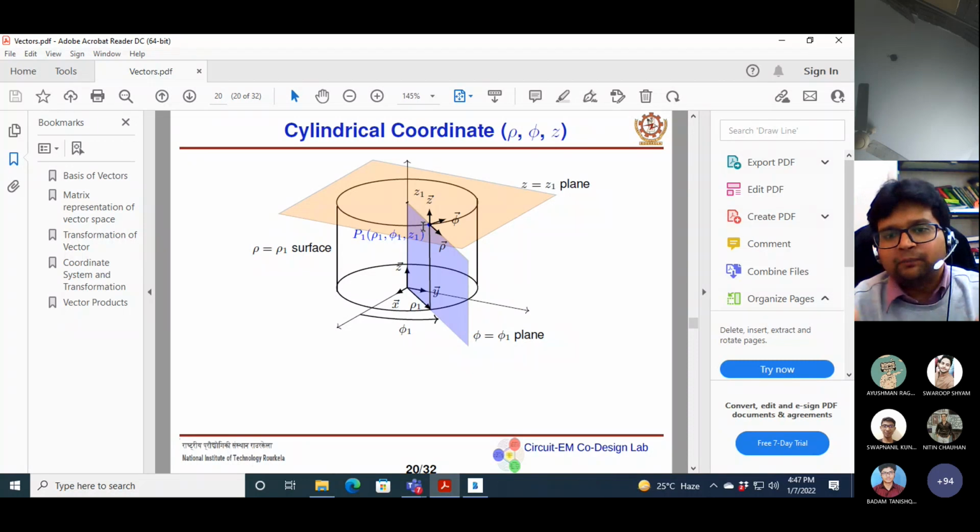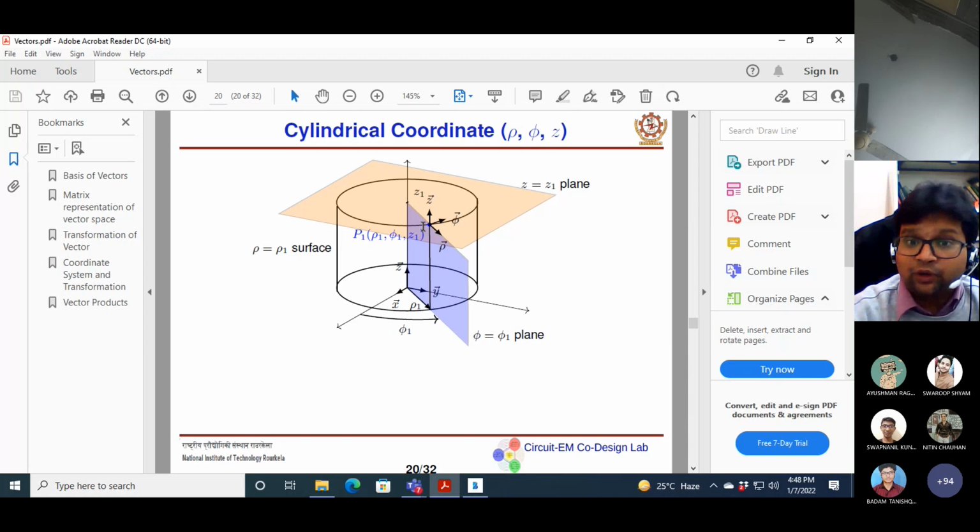Okay. It is not like, for example, the Cartesian coordinate system, which is universal. For the Cartesian coordinate system, whatever the point, the z direction will be the z direction, the x direction will be the x direction, and the y direction will be the y direction. But for the cylindrical coordinate system, the direction of rho and direction of phi basically depend upon the position where we are measuring the vector.